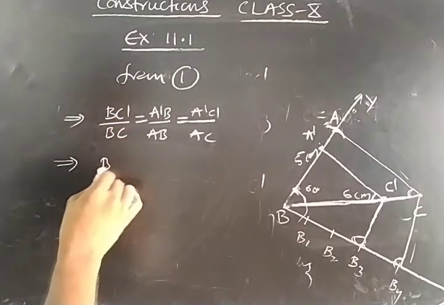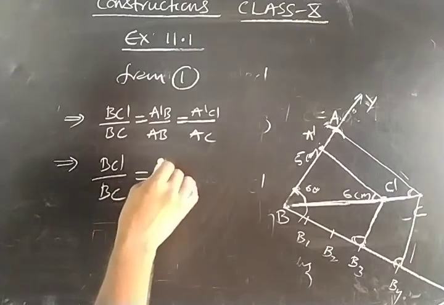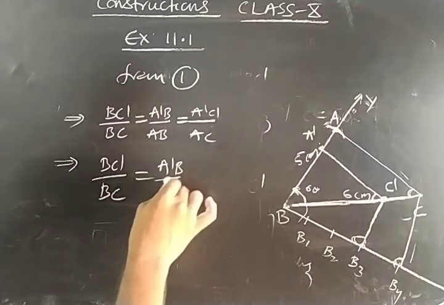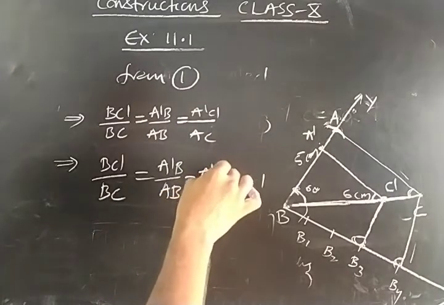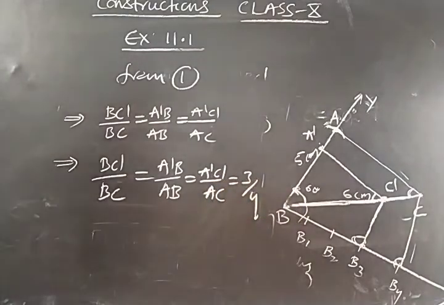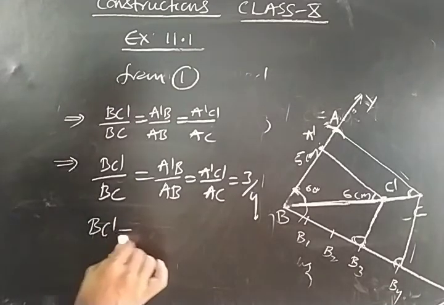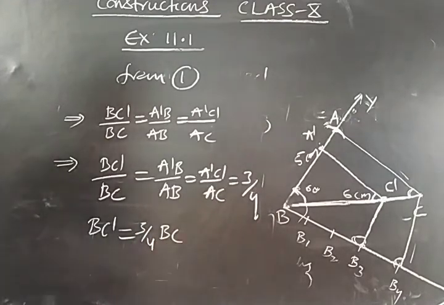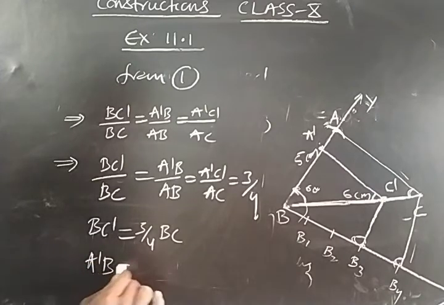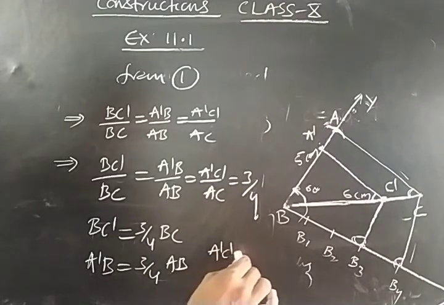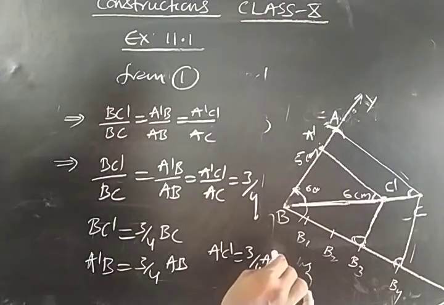So if this is equal to 3 by 4, this will also be equal to 3 by 4: A dash B by AB, A dash C dash by AC is equal to 3 by 4. From this, by equating these two equalities, BC dash is 3 by 4 of BC, A dash B is 3 by 4 of AB, and A dash C dash is 3 by 4 of AC.